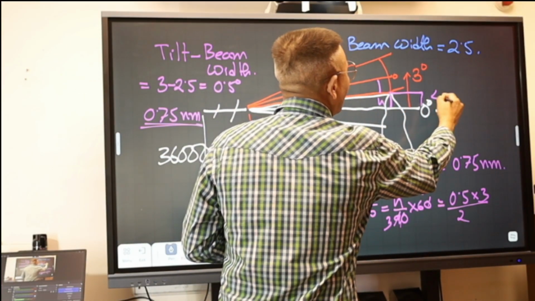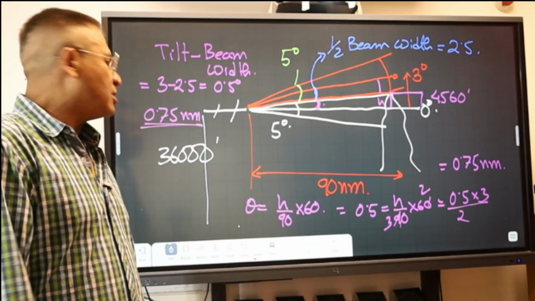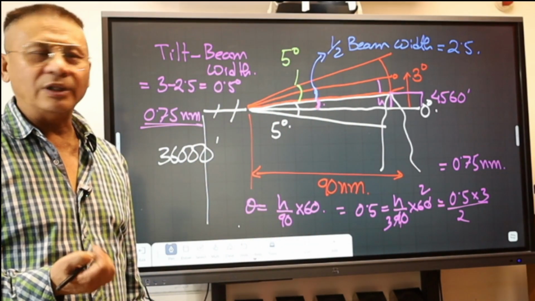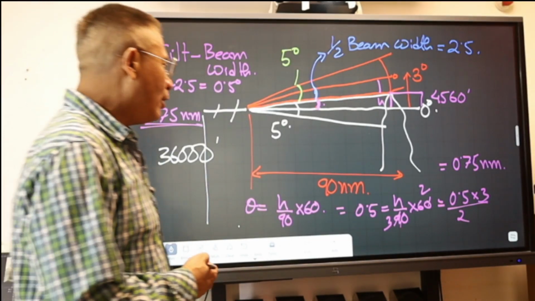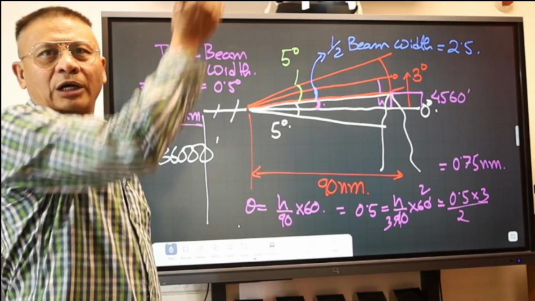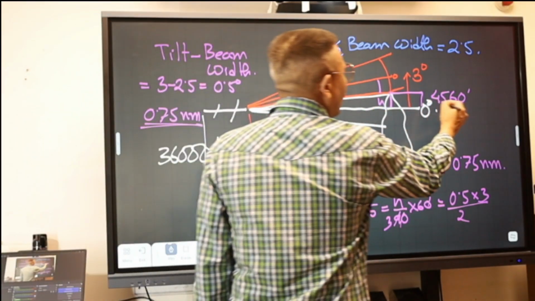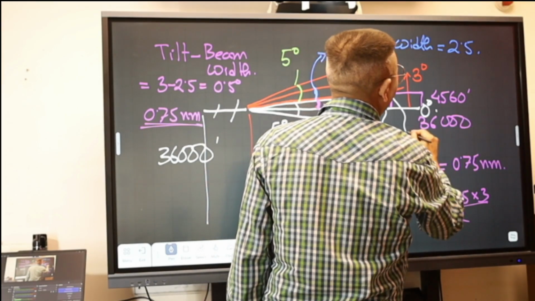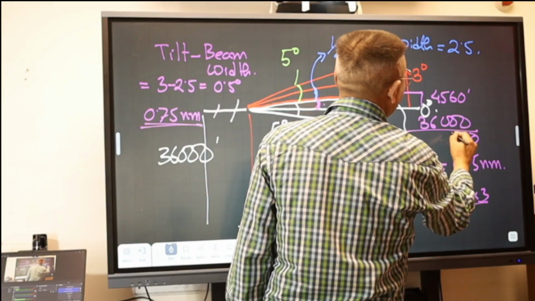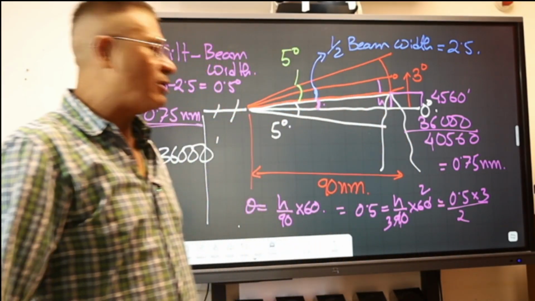This is 4560, right? How much is the height at which I am flying? The height at which I am flying is already 36,000. Therefore, the height of the cloud above mean sea level will be 4560 plus 36,000, which is equal to 40,560.